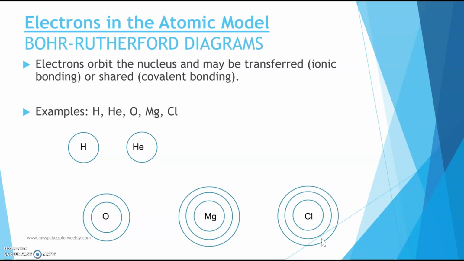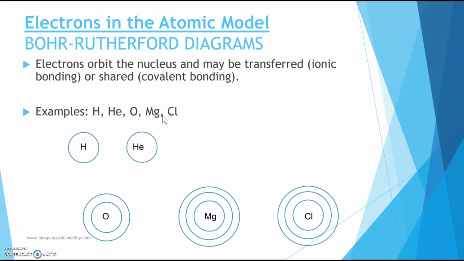Now that we know a little bit about the atomic structure and what atomic mass and atomic number are and how to calculate them, let's put this into the Bohr-Rutherford diagram model, which we learned in grade 9. In the Bohr-Rutherford diagram, electrons orbit the nucleus and they may be transferred through ionic or covalent bonding.